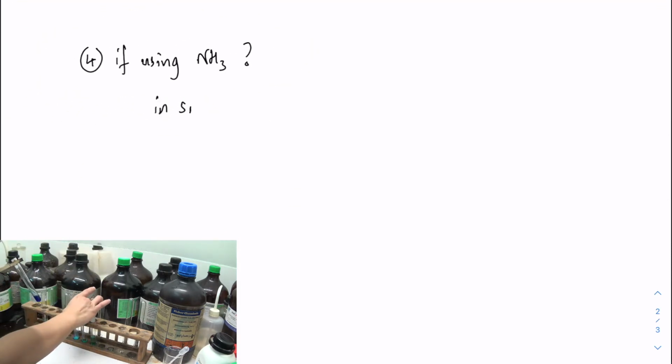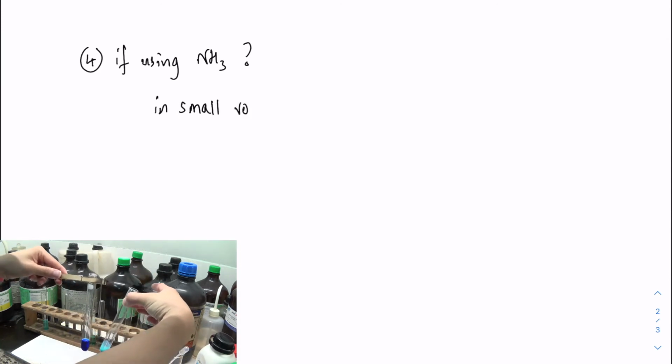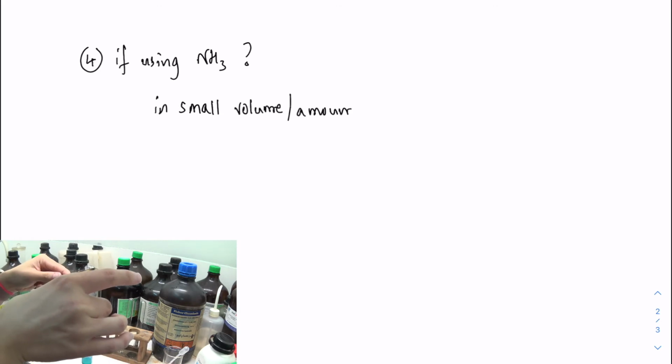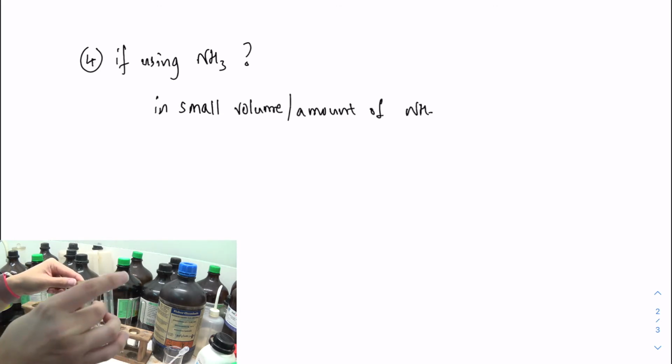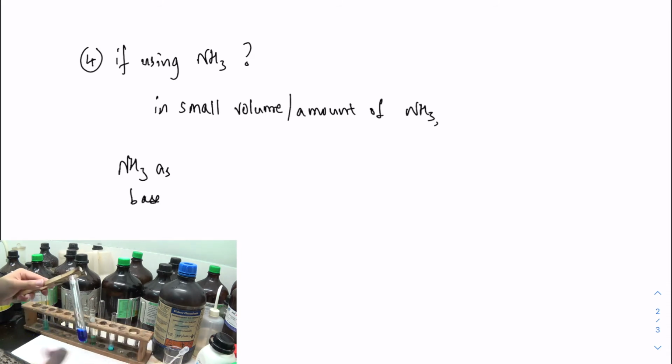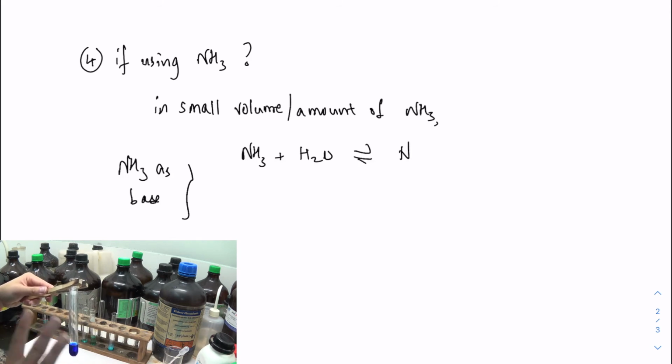So this pale blue precipitate, copper 2 hydroxide, is just the ammonia acting as a base, but then ammonia can also act as a ligand, and it will eventually replace the water molecules, and then you get copper 2+ with 4 NH3 and also 2 H2O remaining.